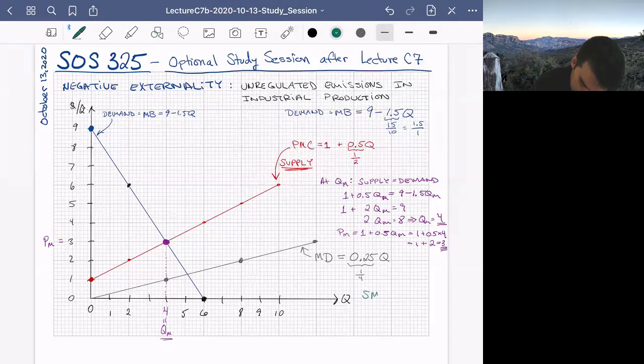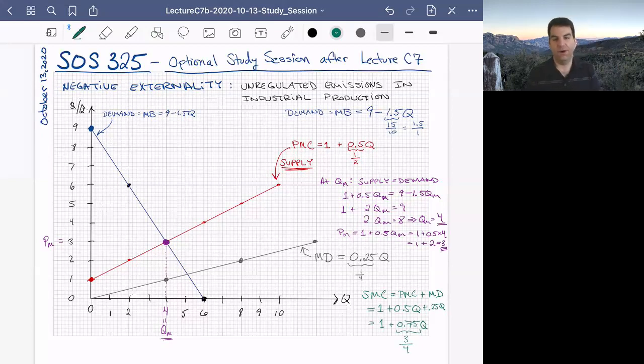The societal marginal cost is equal to the private marginal cost plus the marginal damage. So the PMC is 1 plus 0.5 Q, and the marginal damage is 0.25 Q. If I simplify that, it's 1 plus 0.75 Q. And this 0.75, we can view as rising 3 for every run of 4.